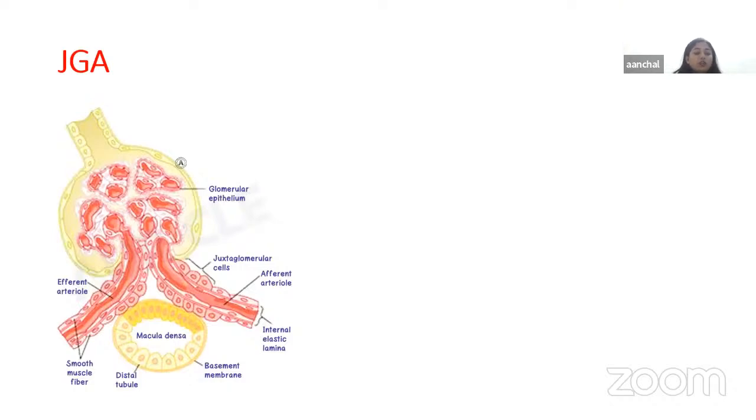JGA is juxtaglomerular apparatus. So what is this JGA? JGA is basically the specialized organ that is situated near the glomerulus of each nephron. When we talk about the JGA, it is formed by 3 different structures, which we're going to discuss. The first we have macula densa.